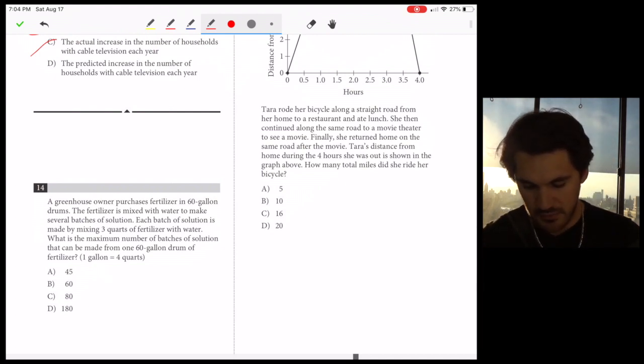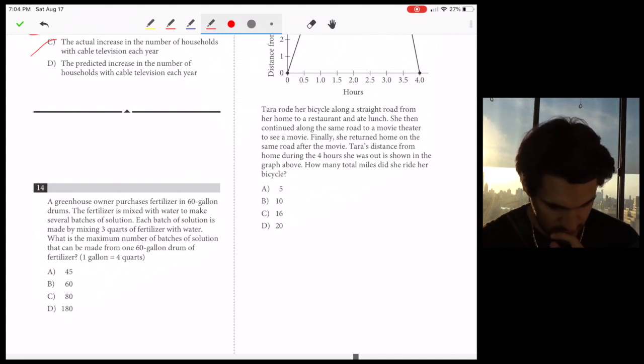What is the max number of batches of solution that can be made from one 60-gallon drum? Okay, so, well, if we've got 60-gallon drums and it's mixed, and we take 3 quarts of fertilizer and mix it with water.